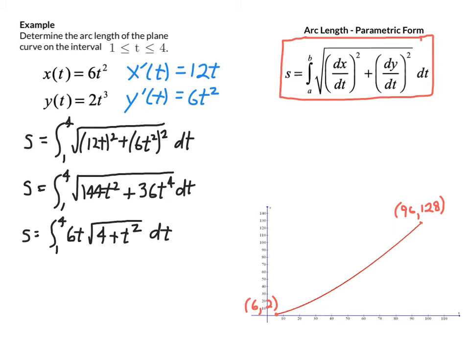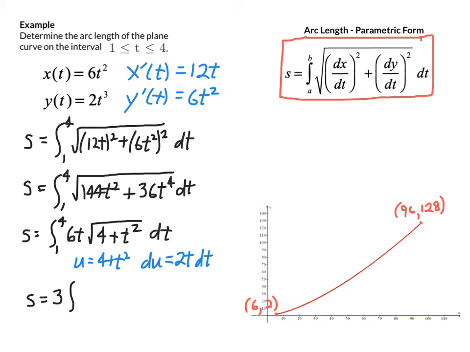From that algebra step, I can see now that I'm set up here. I see a du indicator, and I can go ahead and find this integral using u substitution. If I let u equal 4 plus t squared, then du is 2t dt. So if we rewrite it in the u variable, I need a 2t dt, so I'm going to take a factor of 3 out, so it'll be a 3 on the outside of the integral.